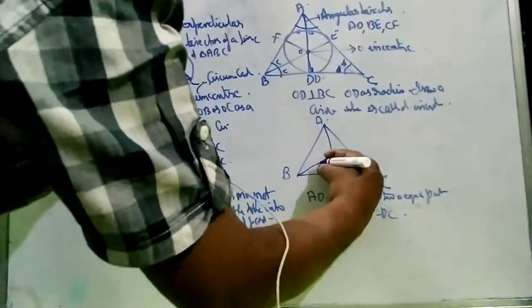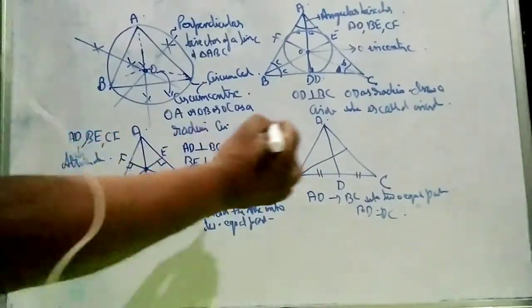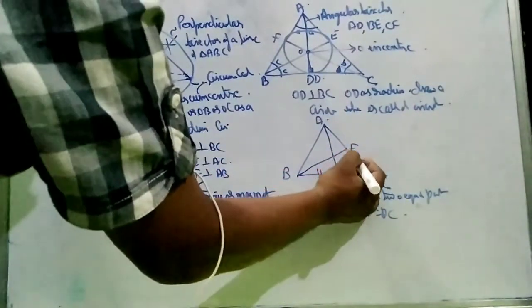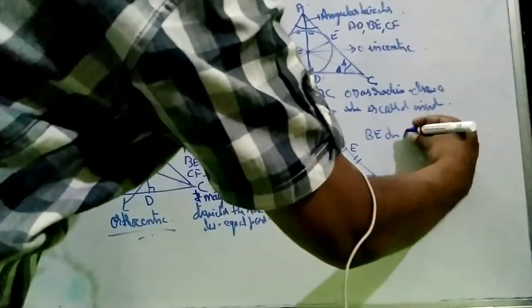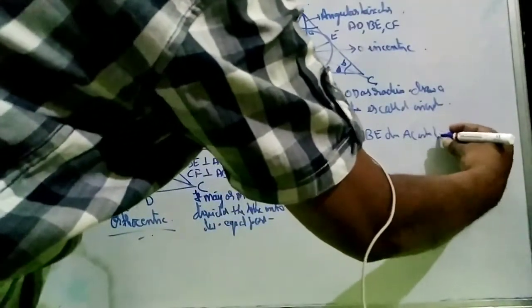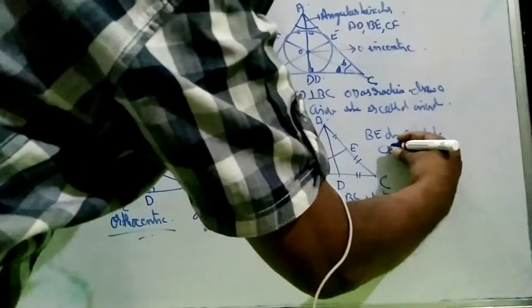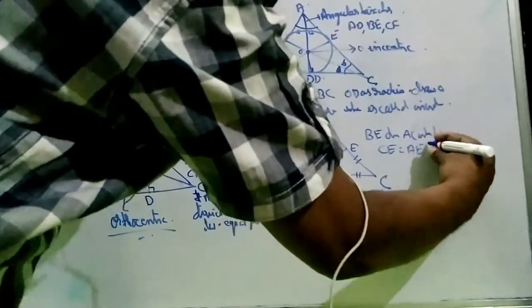Similarly, from B a line is dropped on AC. BE divides AC into two equal parts. Here we can say CE is equal to AE.